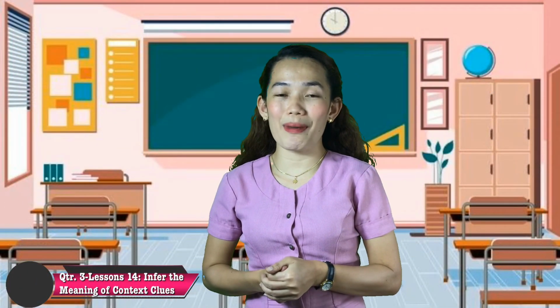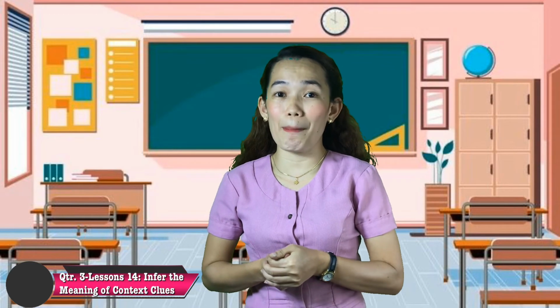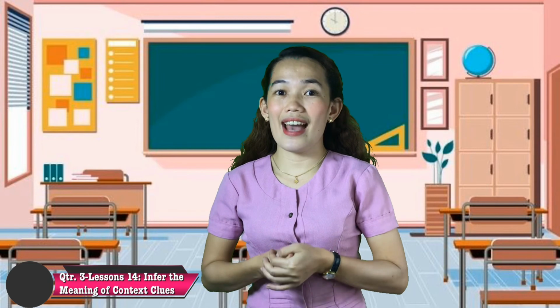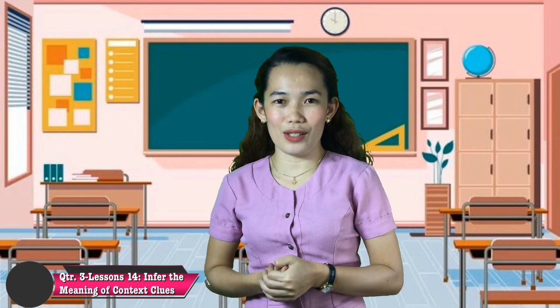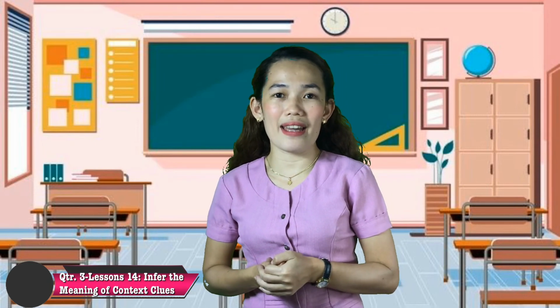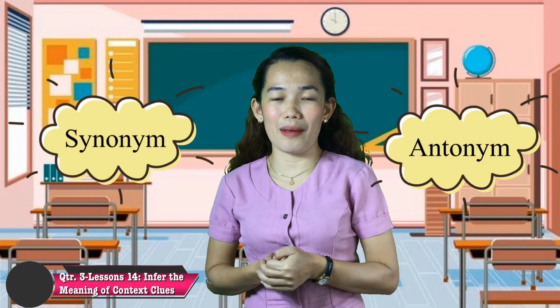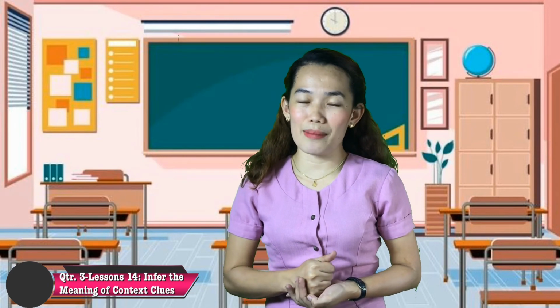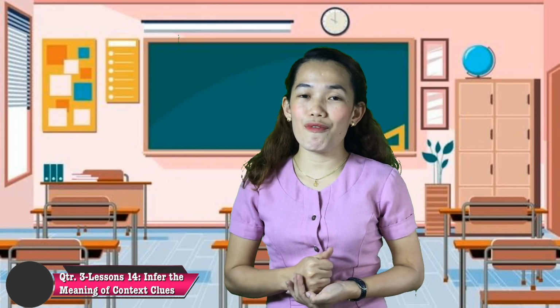To infer the meaning of unfamiliar words, we have to identify if it is a compound with the help of clues or context clues. And to infer the meaning of context clues, we have to identify the synonyms, the antonyms, and other word parts. I think you are now ready to answer the assessment on lesson 13 and 14.